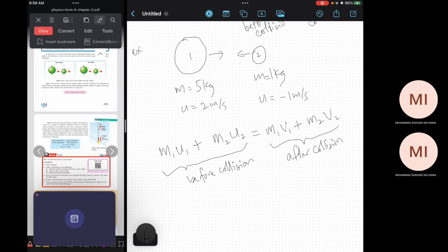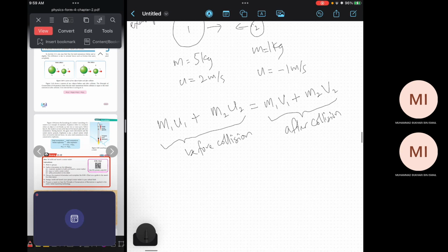Okay, now we go back to our example. This is our example. Katakan, let's say, given, kita diberi kat sini V1. Kita bagi V1 kat sini 1 meter per second.